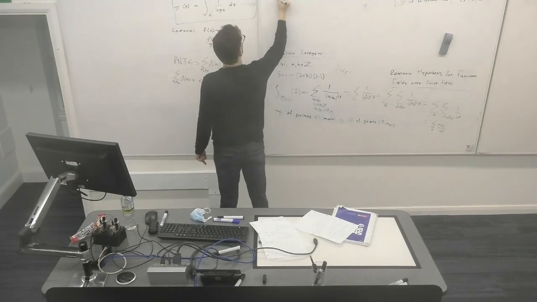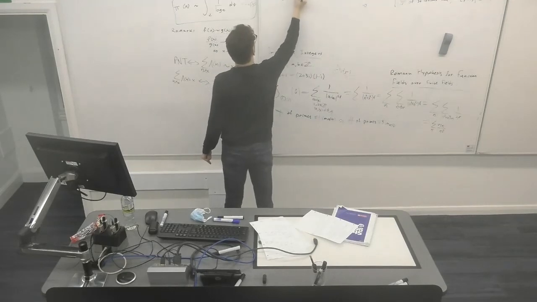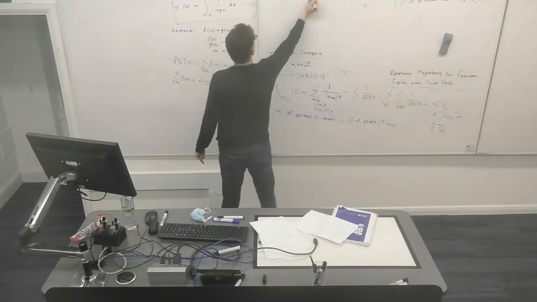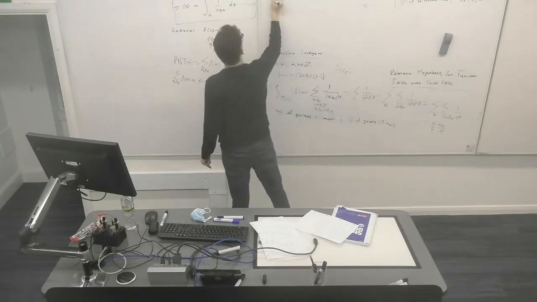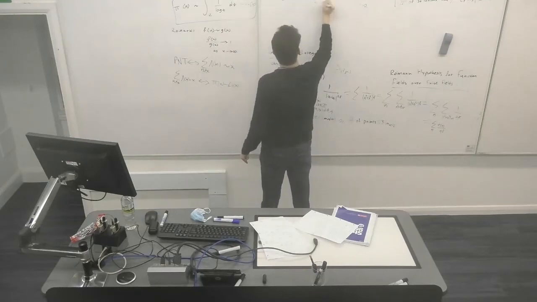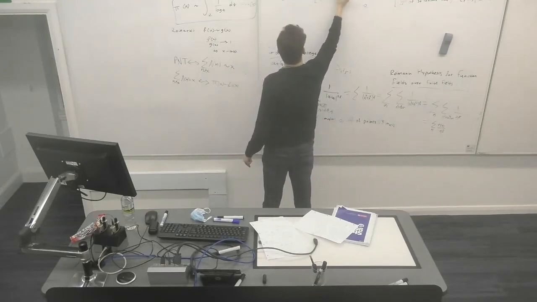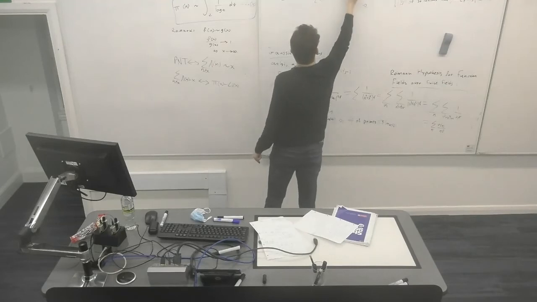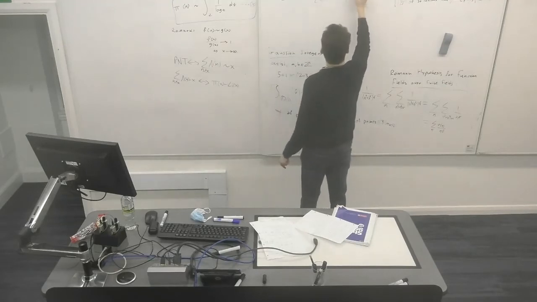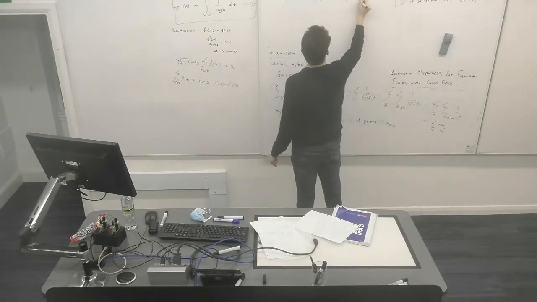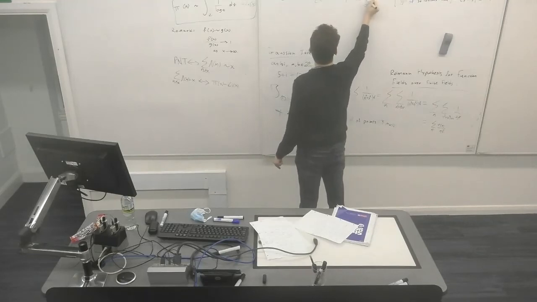So if you consider SL2Z, let's call this gamma, which is the group of matrices of integer elements that have determinant 1.